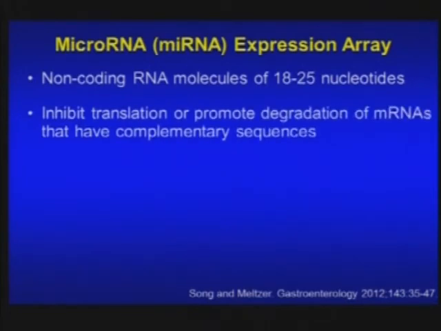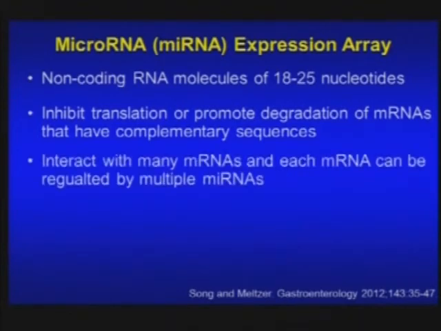These microRNAs can inhibit translation or promote degradation of messenger RNAs that have complementary sequences to them. Each microRNA can interact with many messenger RNAs, and each messenger RNA can be regulated by multiple microRNAs. So there's no one-to-one. These microRNAs seem to be pretty promiscuous, and there's lots of target mRNAs.